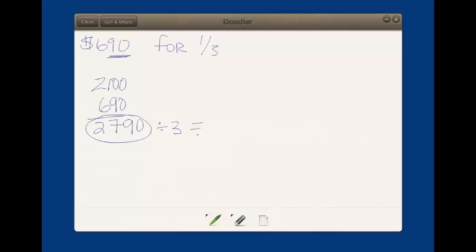We take $2,790 and divide it by 3. That's $930. Okay, so this is the credit to Underwood's account, but he's only paying $690. So the difference is 930 minus 690, which is $240.